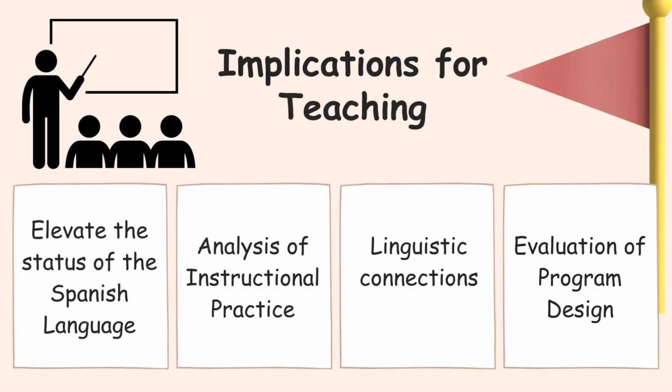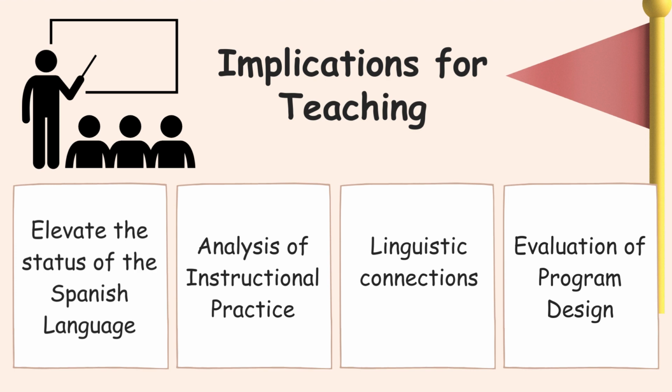So, for implications for teaching, there are four. One of the things that educational context and stakeholders need to do is elevate the status of the Spanish language. So the context itself needs to be bilingual. They need to promote biliteracy, bilingualism, the educational context.